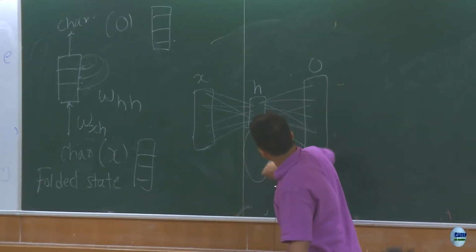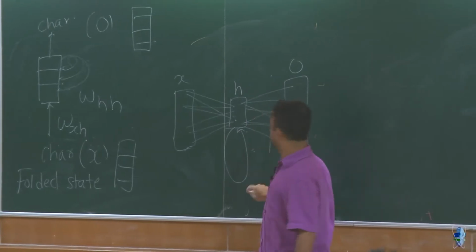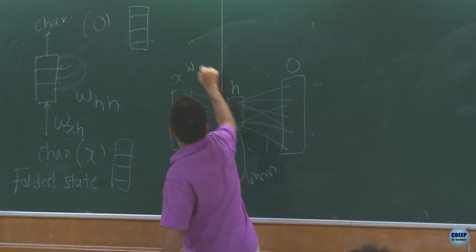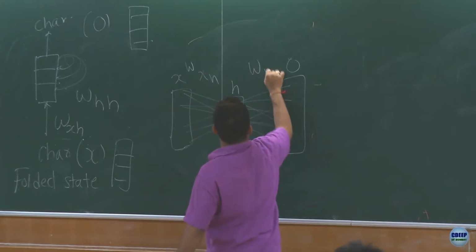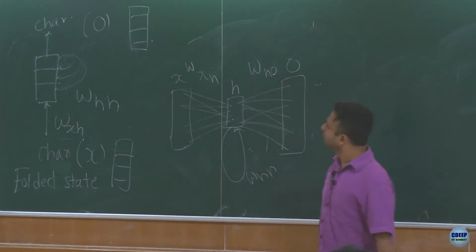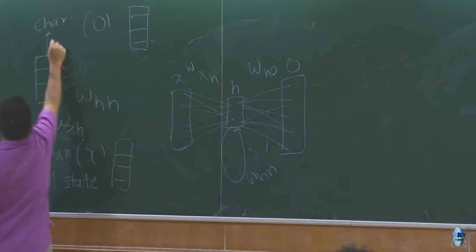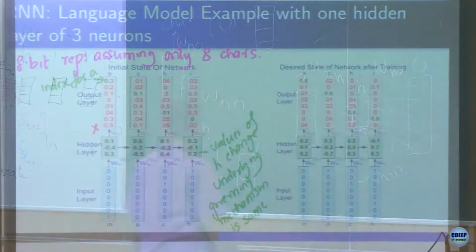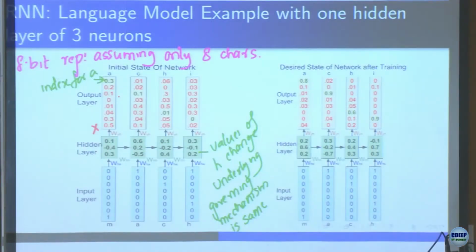The interesting thing is parameter sharing here. This is WHH, this is WXH and this is WHO. I am going to avoid more math here because a lot of this is based on the neural network architecture and backpropagation that we have learned.